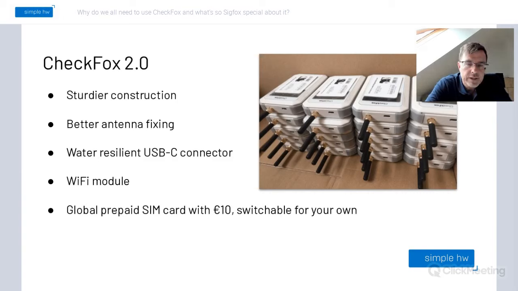The other is that customers asked us to provide it without connectivity, because most of them already have connectivity, and they asked whether they can use their own. If you don't have connectivity, you can always buy it at Sigfox.com. So we opted not to give away free connectivity because it's not practical, and you can purchase it online anytime.